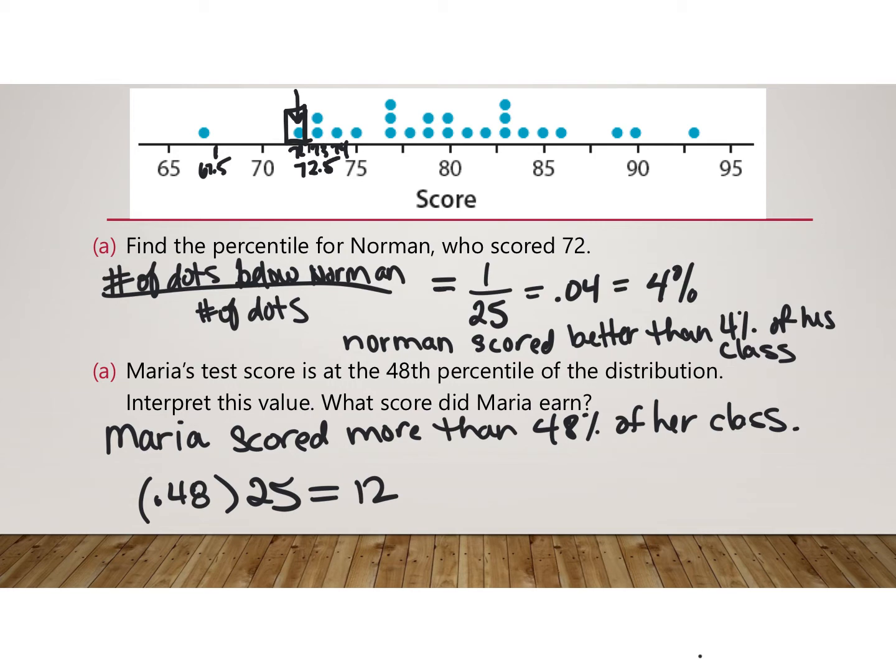So let's find Maria in this. 1, 2, 3, 4, 5, 6, 7, 8, 9, 10, 11, 12. So Maria scored an 80.